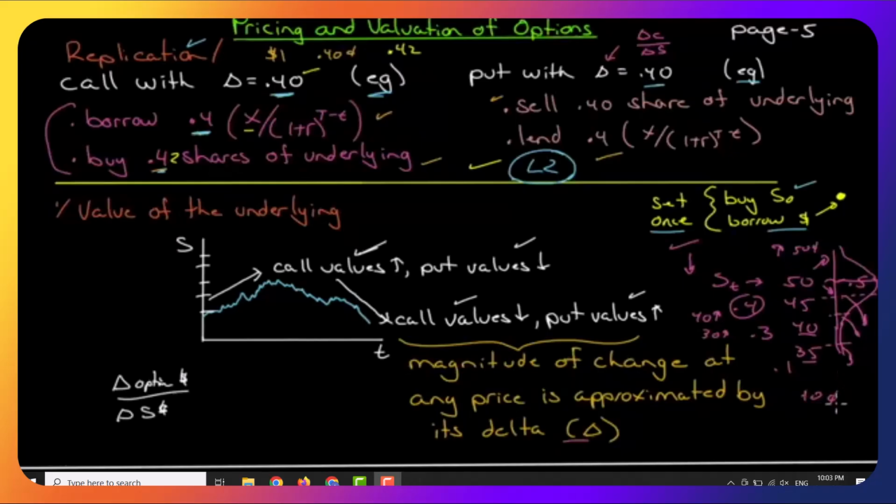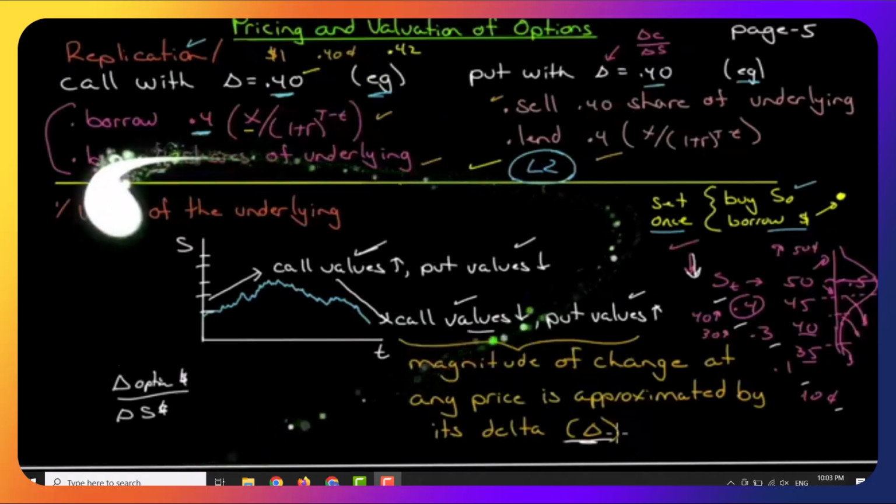So they don't all increase by the same increment. They all have different deltas. The big takeaway here is as the price is moving down, all puts will increase in price, and all calls will decrease in price in proportion or approximation of their delta.